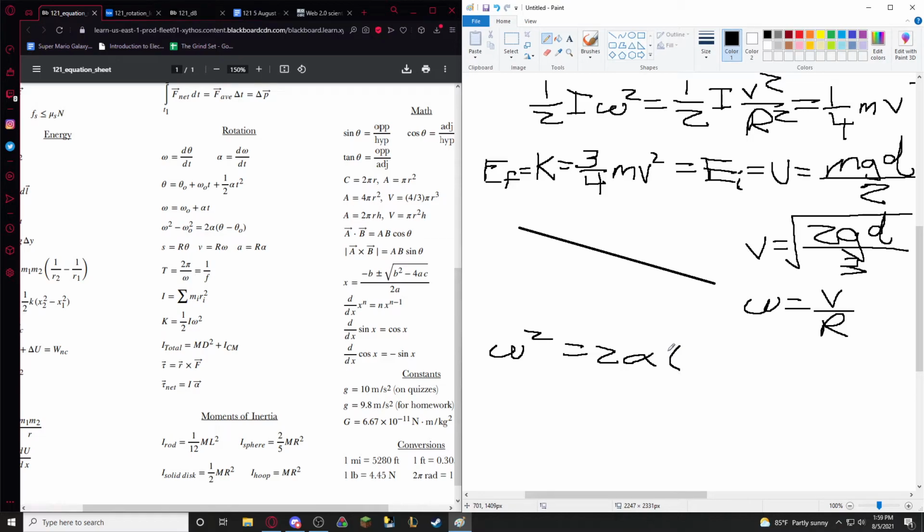What's our total distance rolled in terms of radians? Total distance.